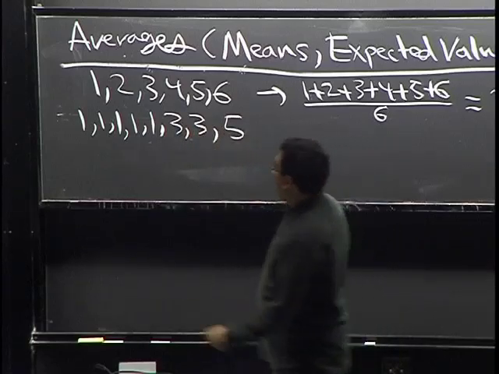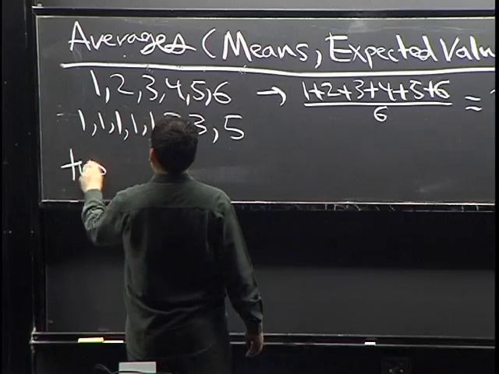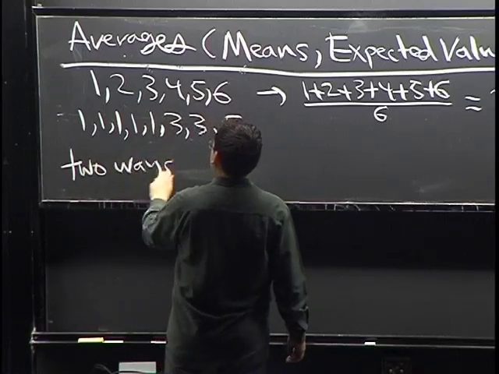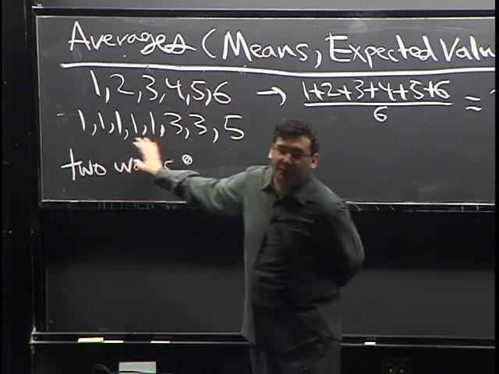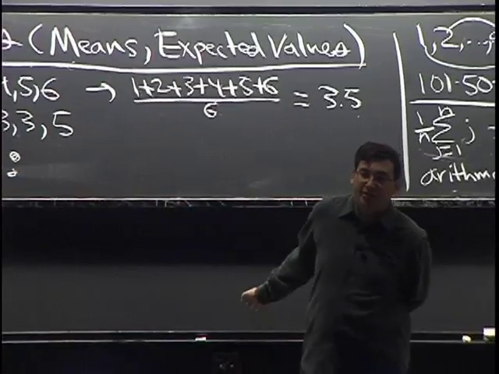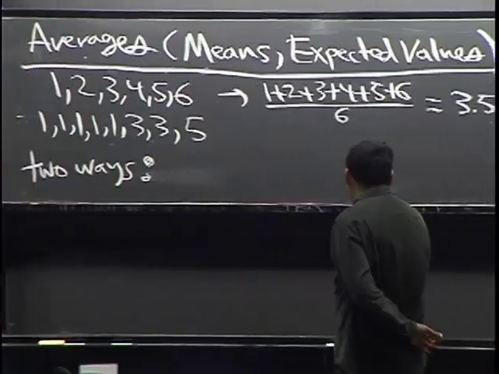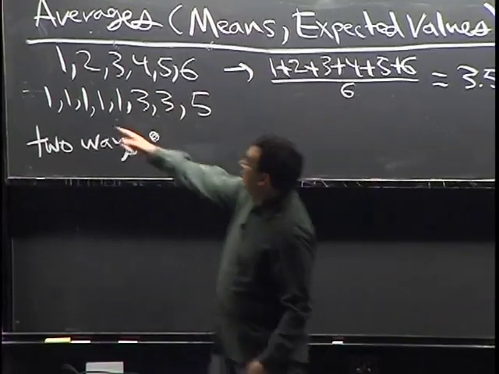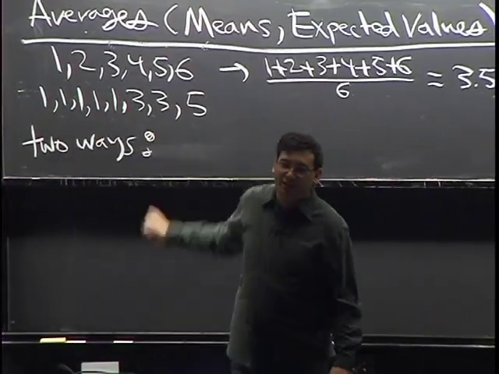Notice that there are 2 ways to do it. This is really, really simple arithmetic, but it's also a key concept that's going to help us when we get to random variables, to keep in mind the fact that there are 2 ways to do this. One way is just to add up these 8 numbers and divide by 8.